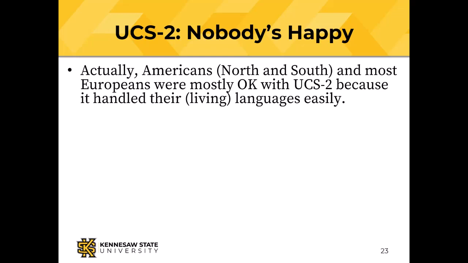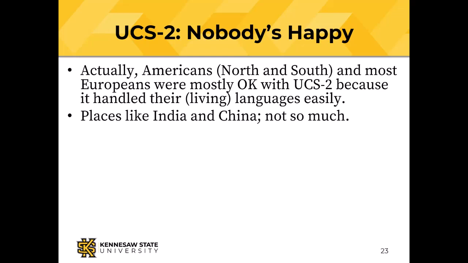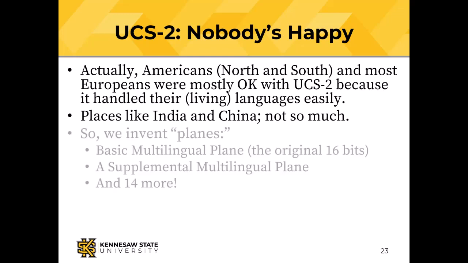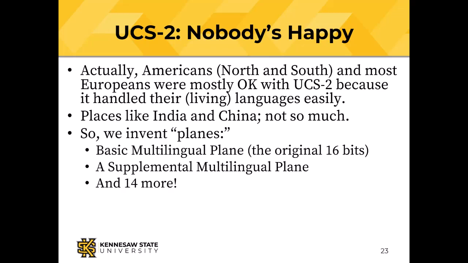Americans, both North and South, and most Europeans were mostly okay because UCS2 handled their living languages easily. It still took 2 bytes for every character, though. Places like India and China were not so happy. And so the Unicode folks invented planes. The basic multilingual plane is that original 16 bits, 65,536 code points. Then they invented a supplemental multilingual plane and 14 more.